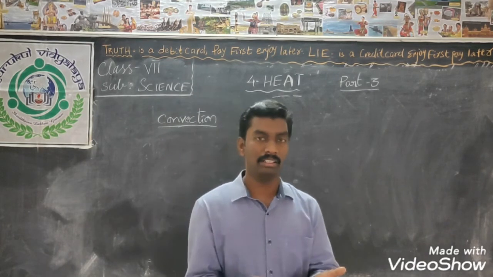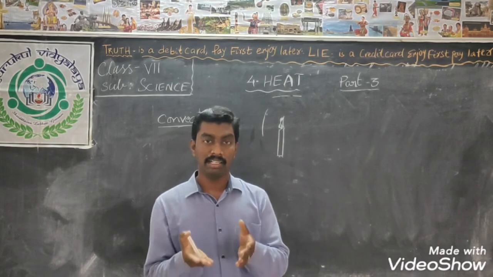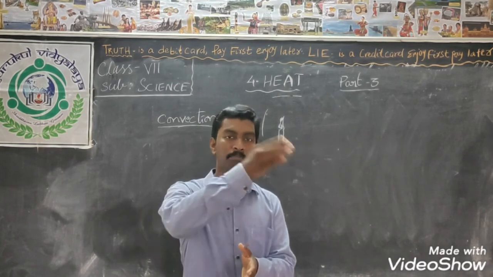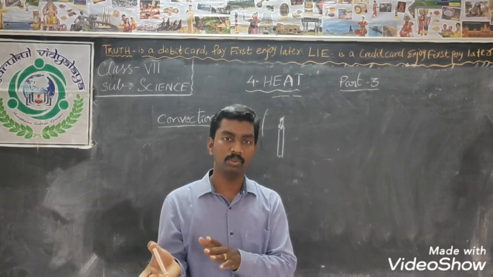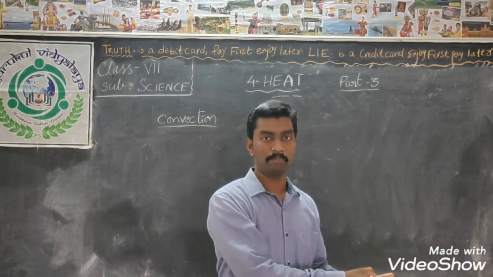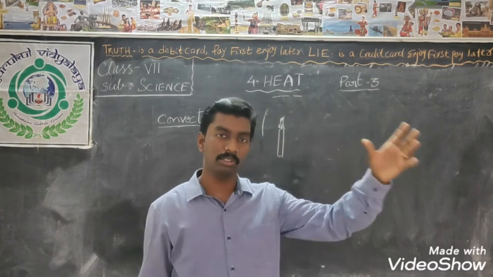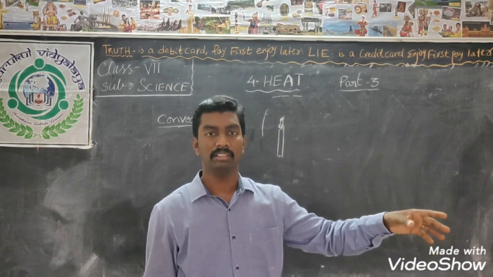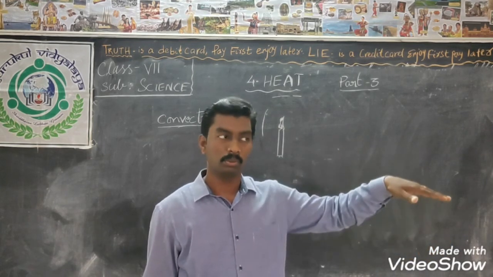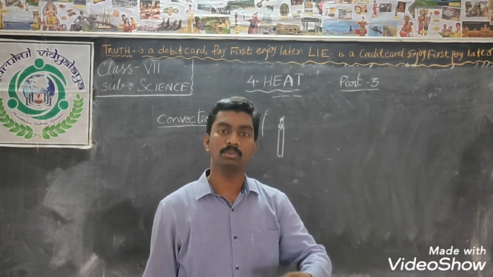The land becomes hotter and that heat rises in upward direction. From the land the heat rises and it goes into the seawater. Then the air from the seawater, as it is cool, comes to the land.